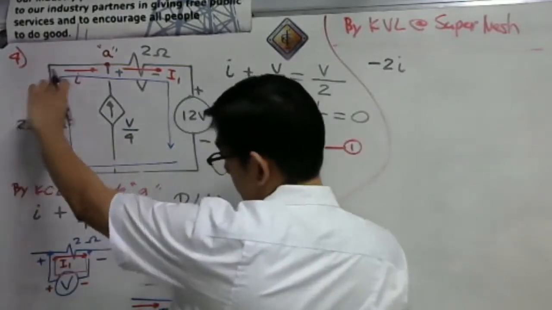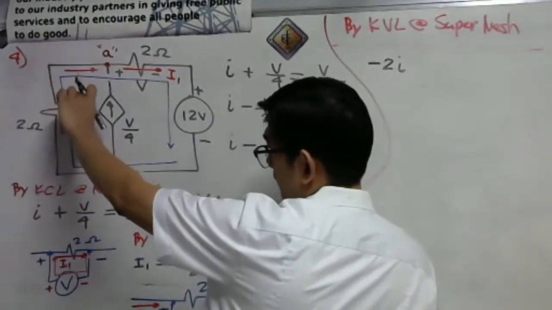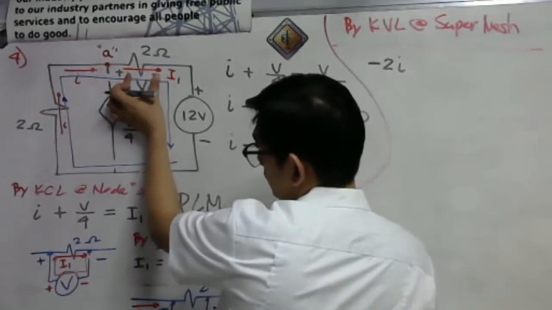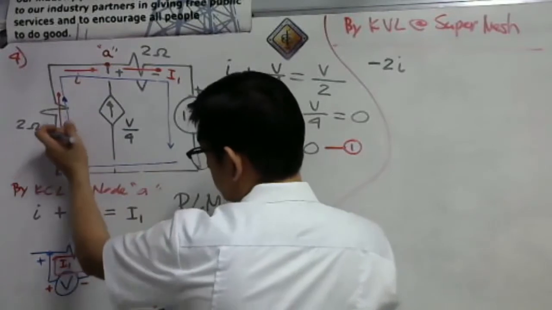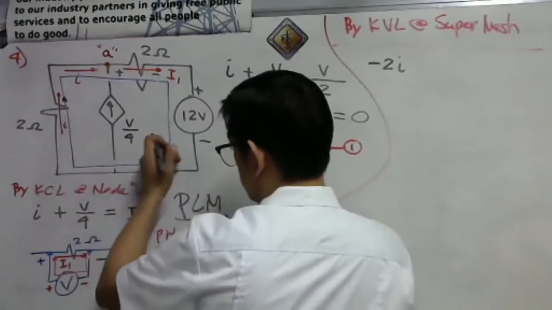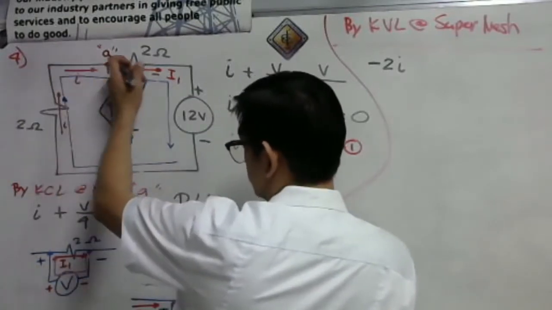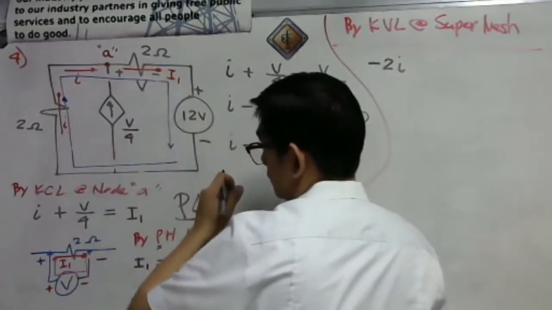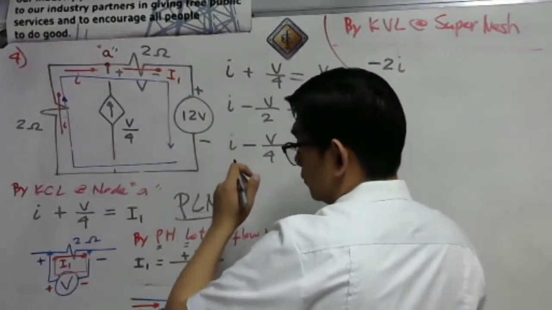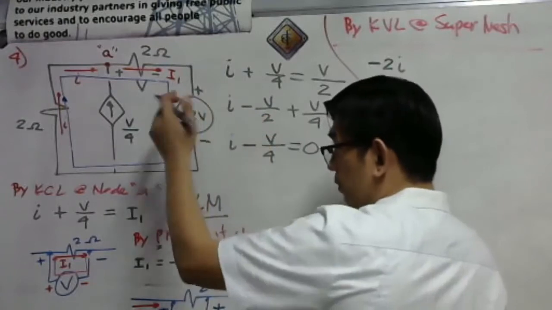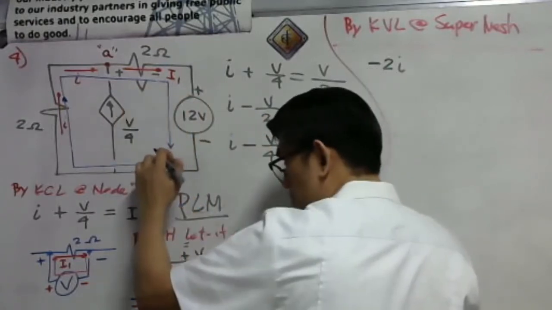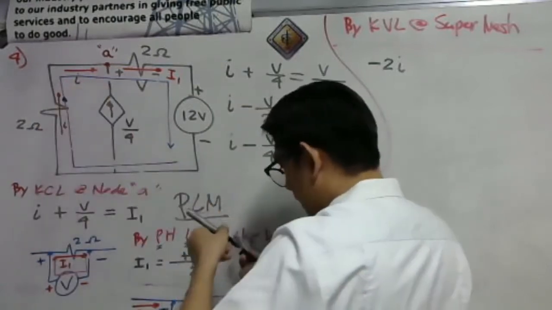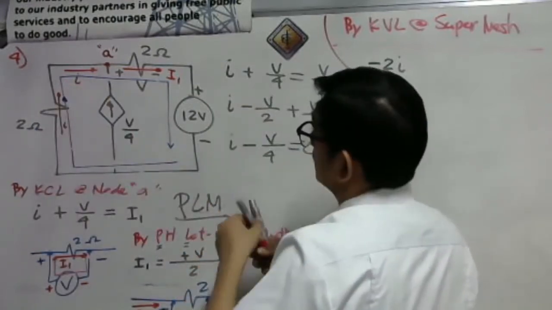What about the 2 ohm resistor here? Let us consider our voltmeter and our circuit tracing.